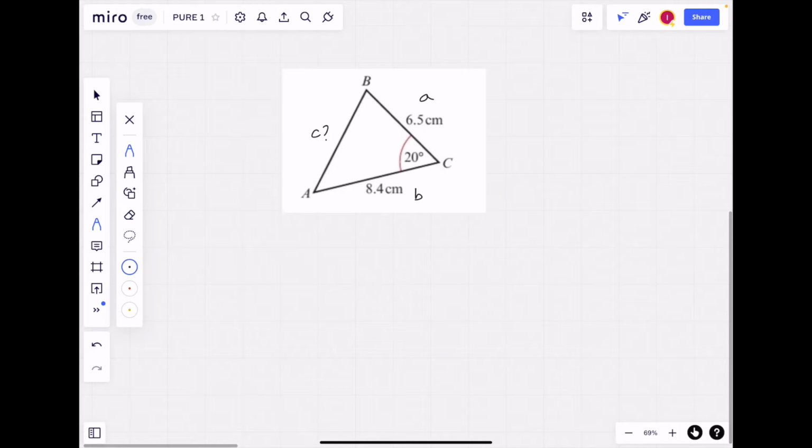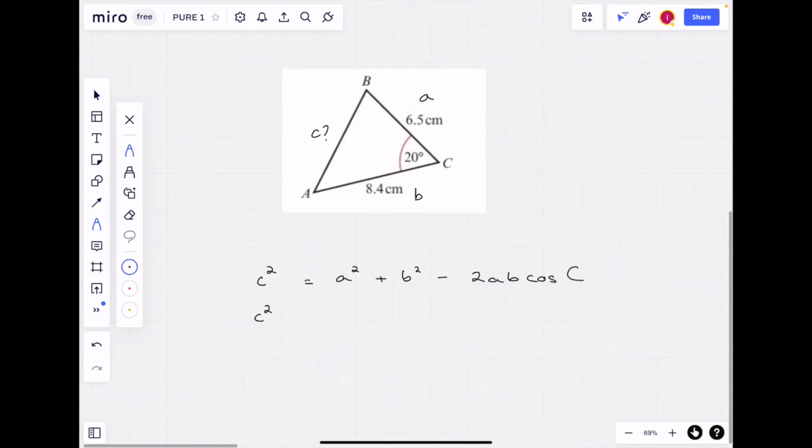Okay, so c squared equals a squared plus b squared minus 2ab cos C. You can adjust it. It's not fixed as having to be a squared equals b squared plus c squared and so on. It can be adjusted.